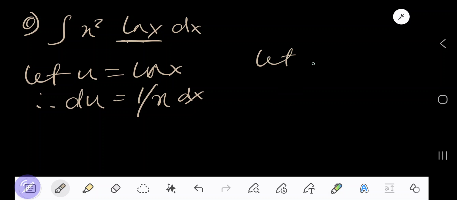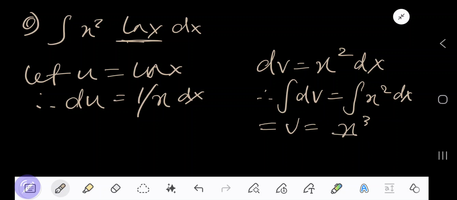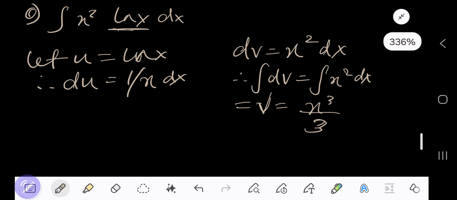And then dv, oh sorry, dv is going to be the remaining. u was ln x, so dv would be, one second, I made this wrong, dv would be equal to x square dx. Integrating both sides, we have v equals x to the power 3 by 3.